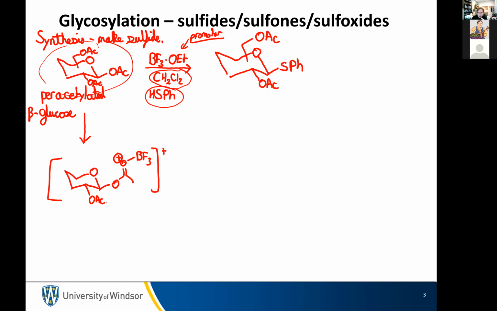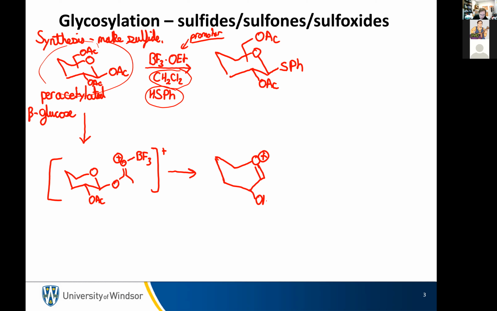This then has to undergo the ring flip to the right twist chair such that the acetate group is anti-periplanar to the lone pair of the oxygen. If you don't know what I'm talking about, go back two lectures and rewatch that lecture. And you will go to the oxocarbenium intermediate.